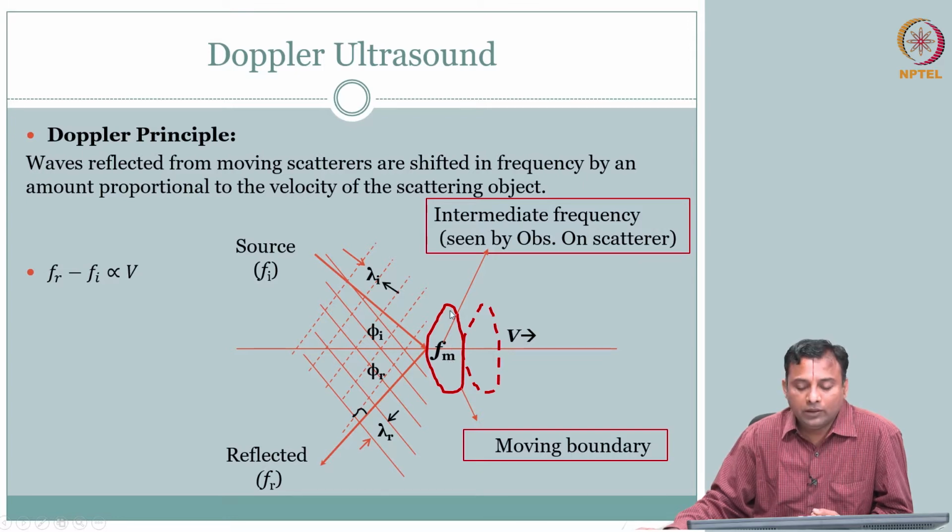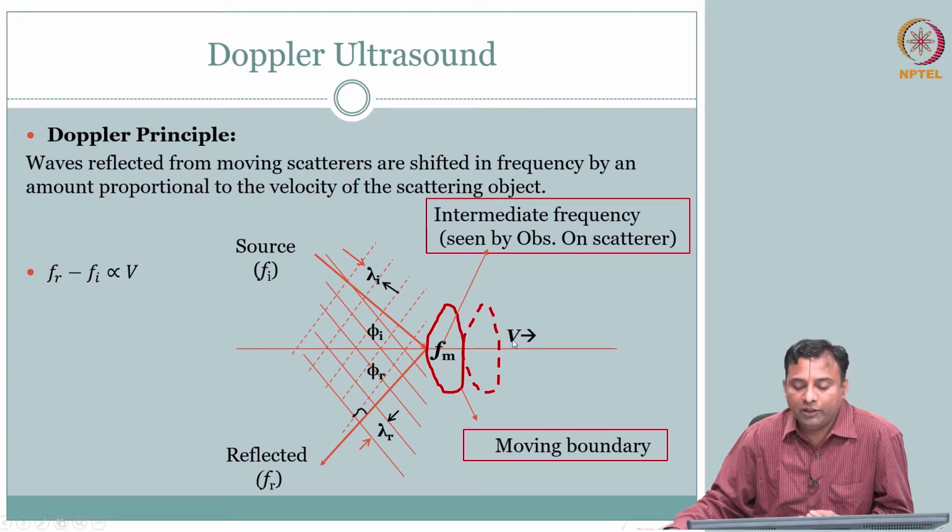Essentially now the object is not stationary, the interface is not stationary. So if I sit on the interface, on this object, what is the frequency that I will see of the wave fronts that are coming? This is my frequency as observed from the object, and it has a velocity v.